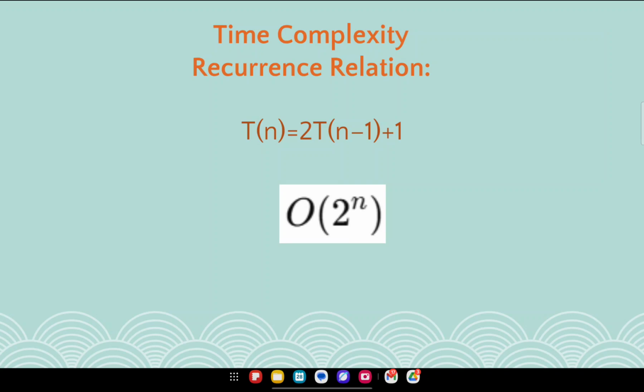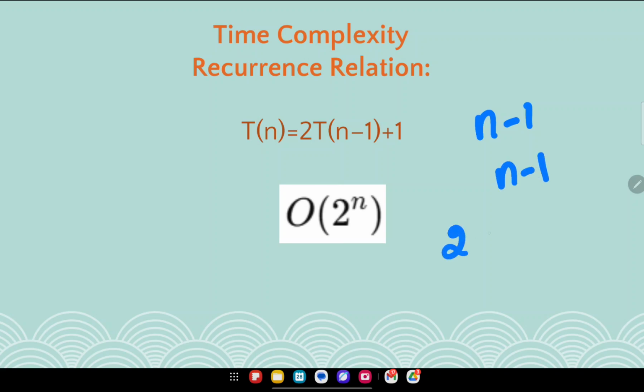So the next is time complexity. The recurrence relation for Towers of Hanoi is T(n) = 2T(n minus 1) plus 1. This means that the function is called twice for n minus 1 disks.